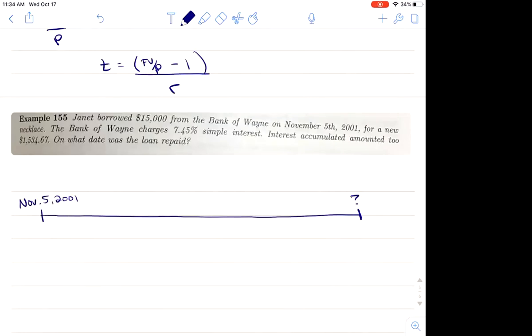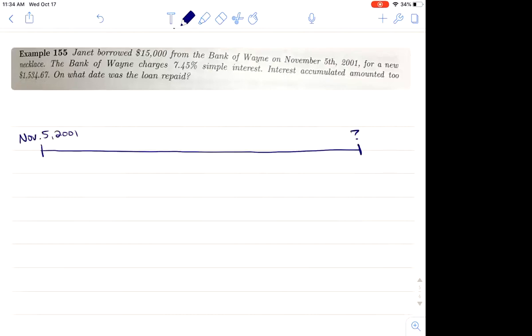We know that she borrowed $15,000, and it had time to grow to $15,000 plus $1,534.67.